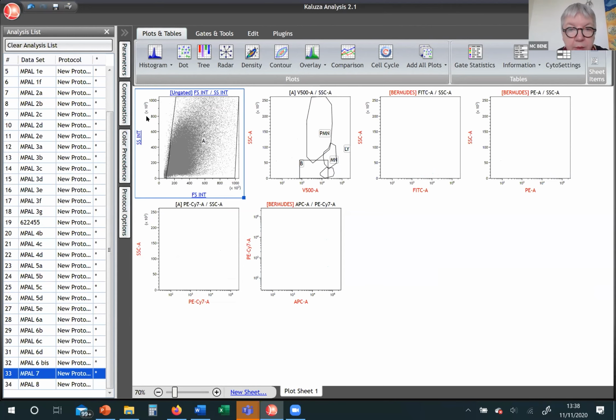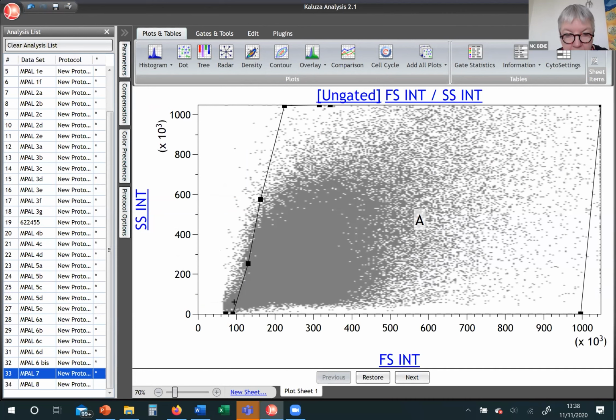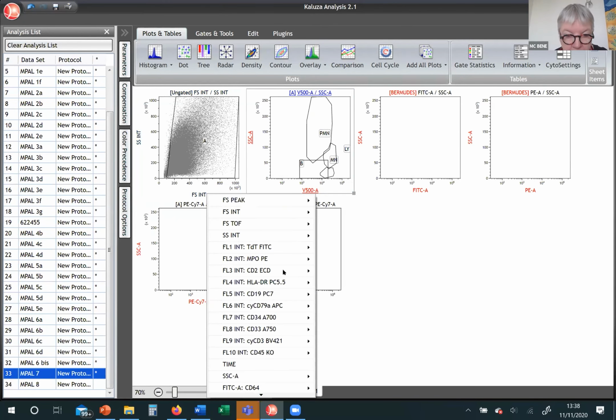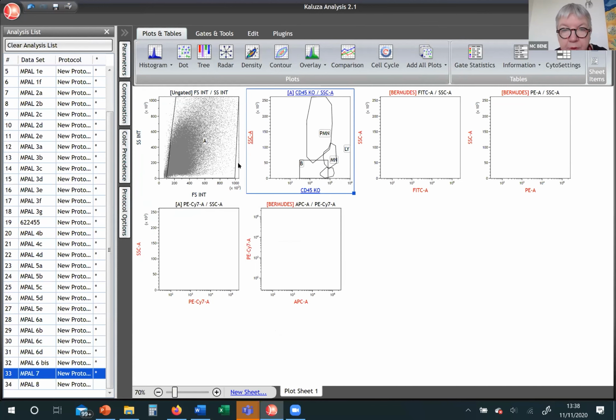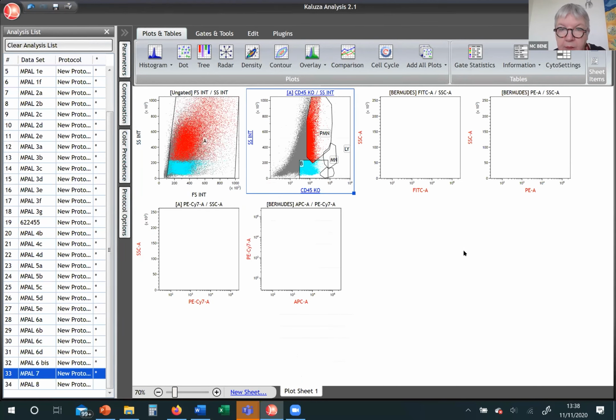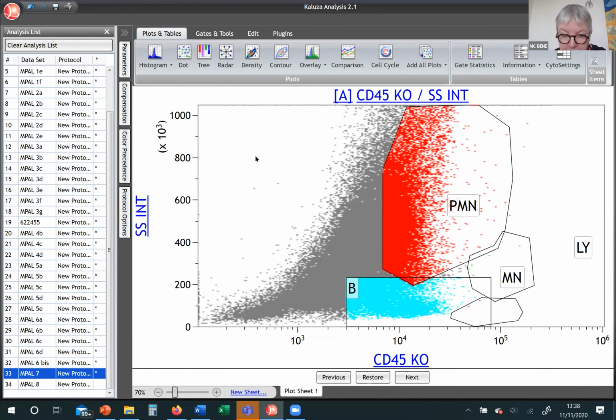Maybe we can clean it a little bit. No, it's okay. Just maybe that. Okay. Now she has, of course, a different CD45 in Krome Orange, and the side scatter in linear, and the rest logarithmic. So let's see what we have here to make these gates proper.